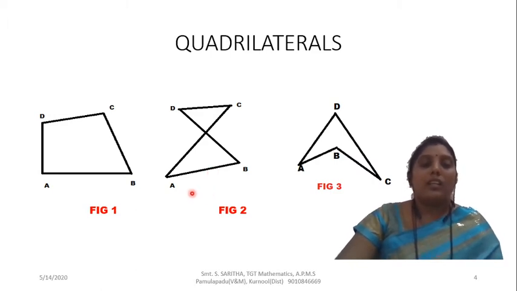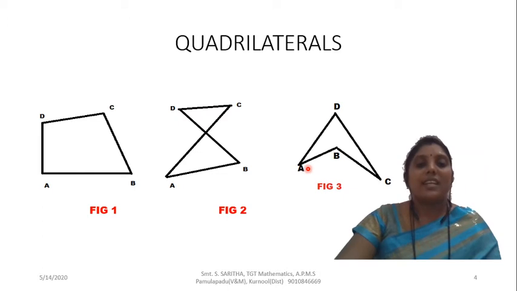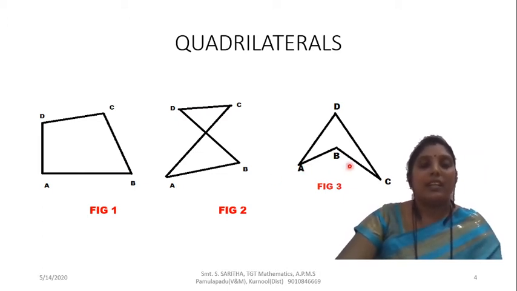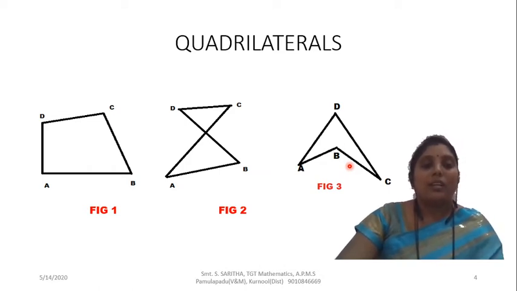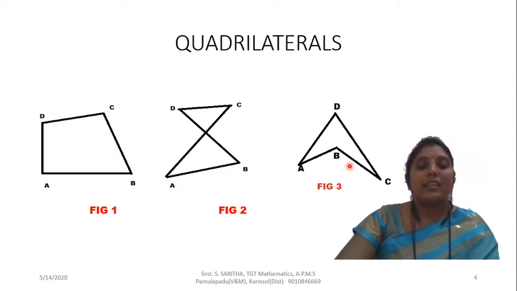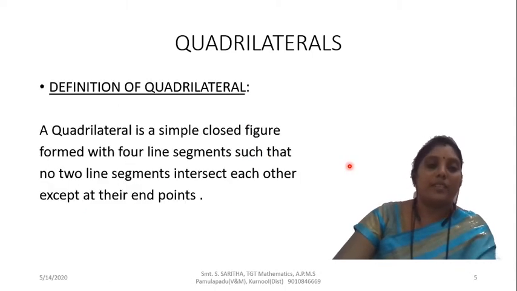But in your 7th standard, we are learning only about the quadrilaterals which are formed with 4 line segments such that no 2 line segments intersect each other except at their endpoints. That is, we are learning about the quadrilaterals where the 2 line segments intersect only at their endpoints.